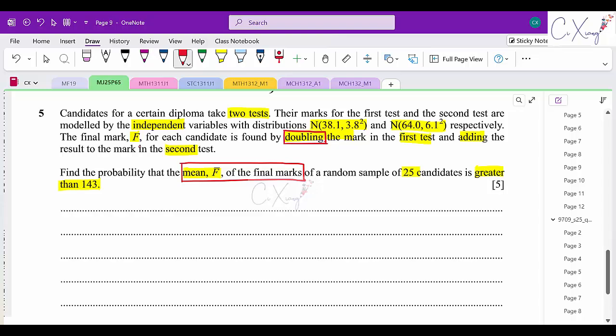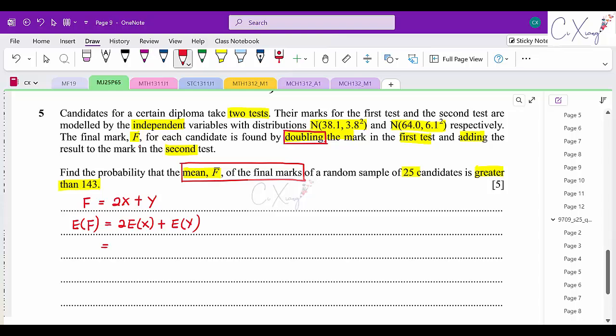So how to get the final mark? Maybe the first test I put as x, so I have 2x. The second test is y, so the final mark is 2x plus y. If I want to get the expected value, or the mean, of the final mark, you will have 2 times the expected value of x plus the expected value of y, or the mean of x and the mean of y.